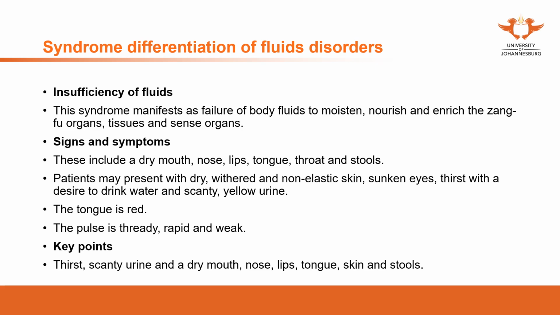So it's not like excess blood or qi, where we always use blood and qi. The reason is that fluid can refer to different types of fluid, which we will cover in the next slides.